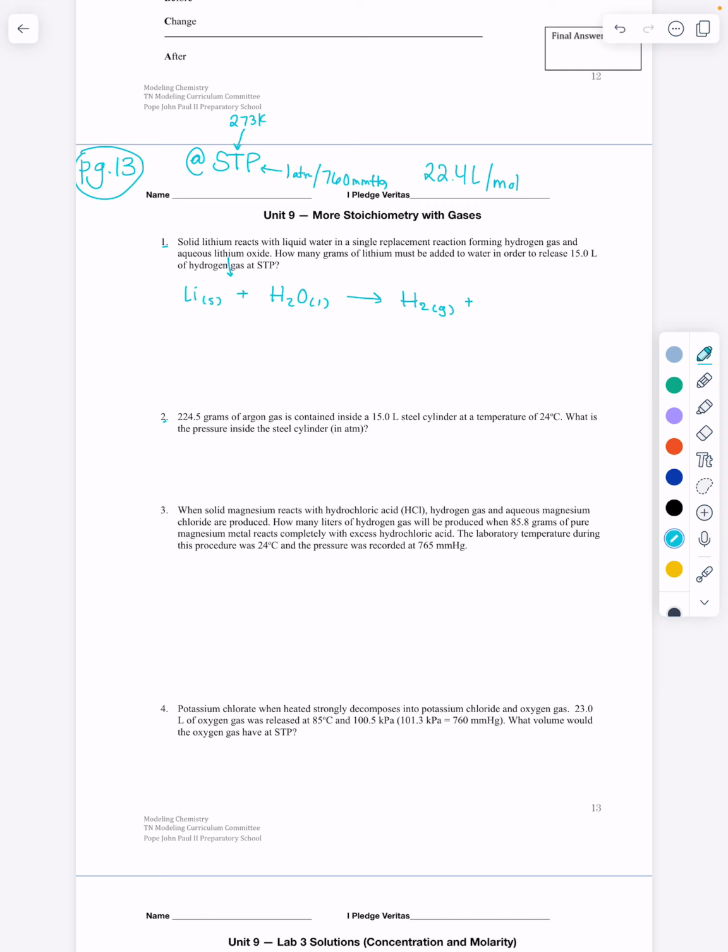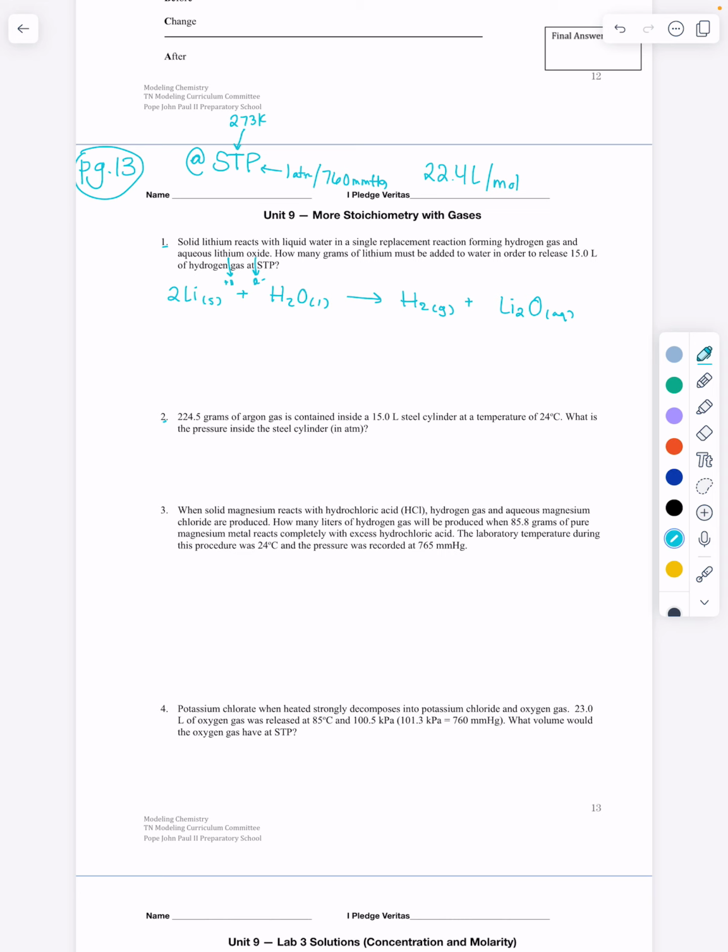So remember, lithium has a +1 charge and oxide has a 2-. So that means we are going to need 2 lithium, 2 +1 charges to cancel out that -2 charge. So we have Li2O aqueous. Okay, and then to balance this, we just have to add a 2 in front of the lithium and we're good to go.